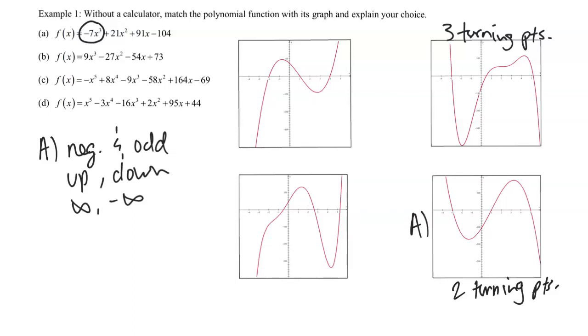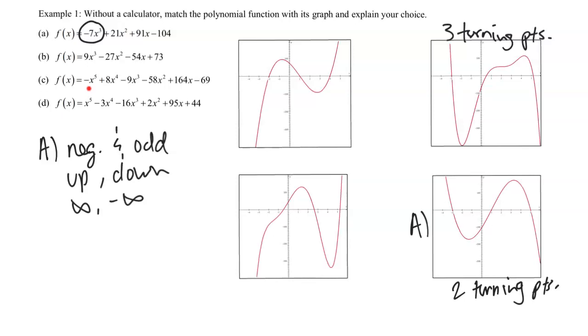Now, can we find another function from our choices that has the same end behavior, but is at least a degree 4 like it needs to be? So take a look at your other choices, and let's see what's going on. Well, letter B is positive and odd, and so that's not going to have the same end behavior as letter A. What about letter C?